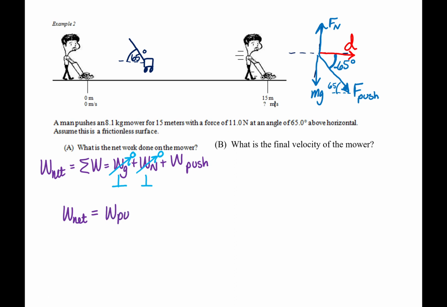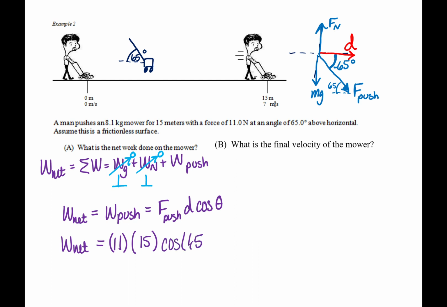So I can just say that the work net is the work of the push, which would simply be the force of the push times d times the cosine of the angle in between them. And from my handy dandy drawing and the problem statement, I have that the force was 11 newtons, the displacement was 15 meters, and the angle is 65 degrees.